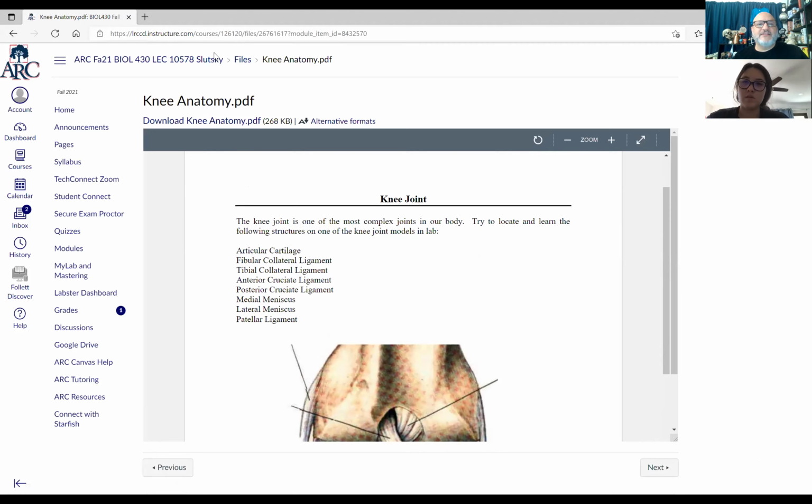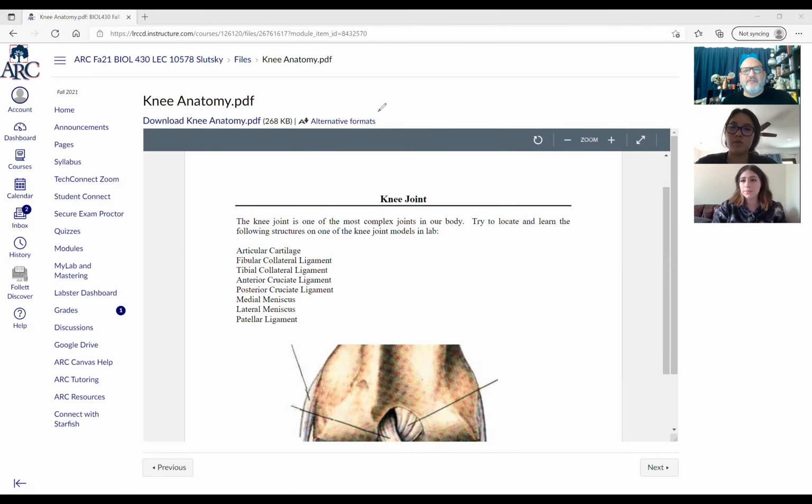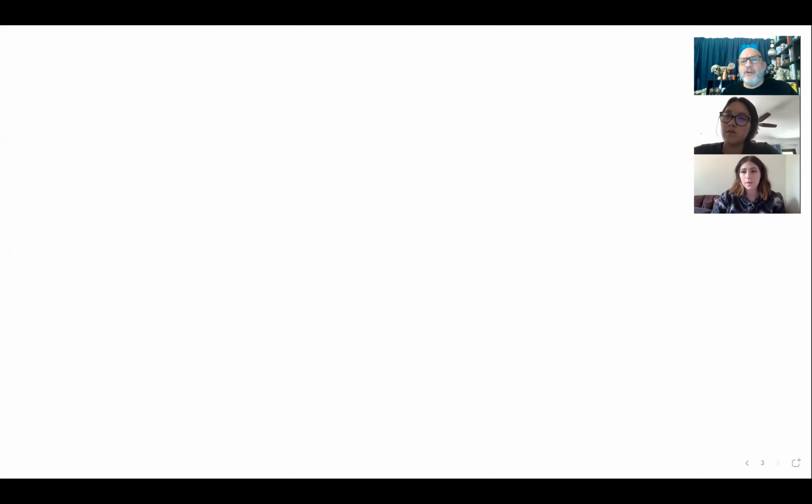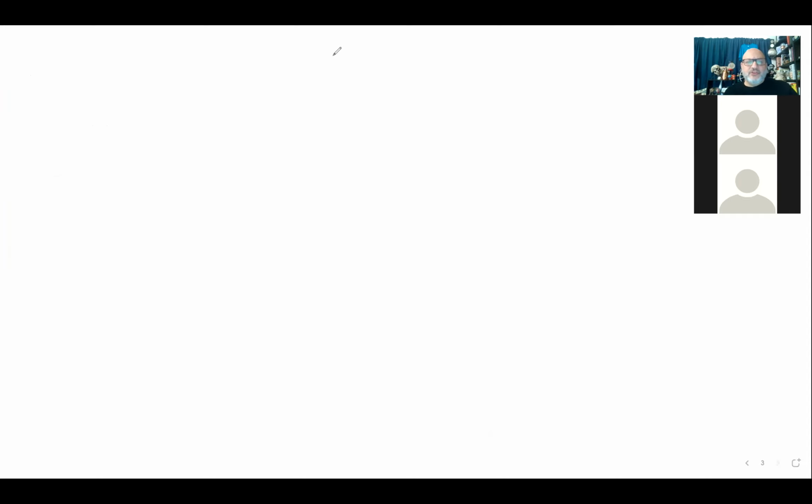Let's actually take the time to draw this in simplified form. One of the big differences between the elbow and the knee is, remember, in the elbow, all three bones, the humerus, the radius, and the ulna, form the joint.